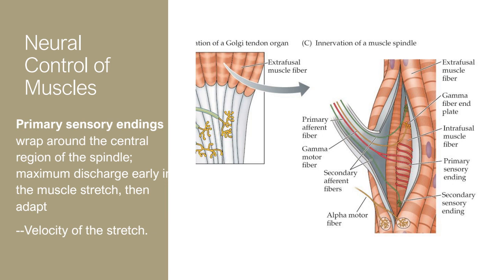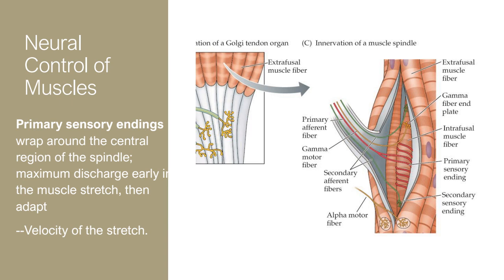When they fire early and rapidly during the initial part of the stretch, that gives an indication of length plus velocity: the length of the movement plus the velocity of the movement. But then they slow their firing down more at the end of the movement, and then you're getting information about length only.